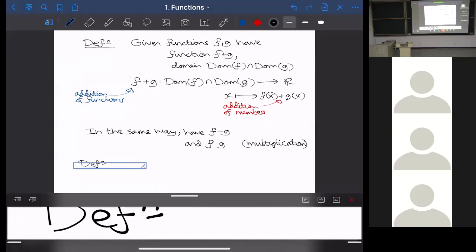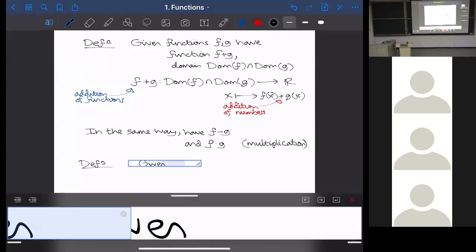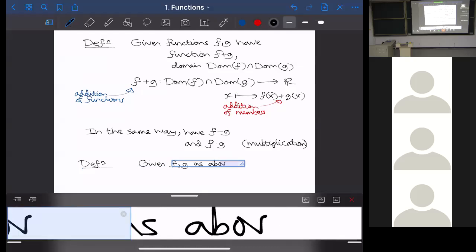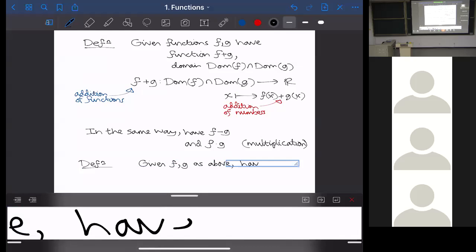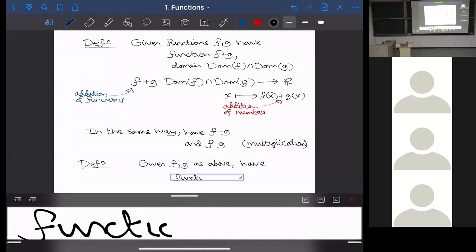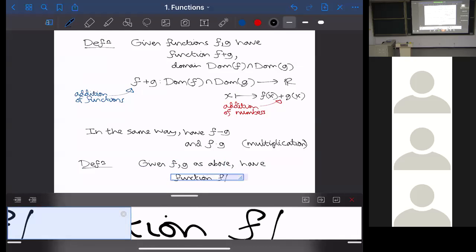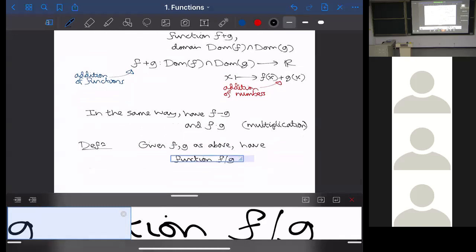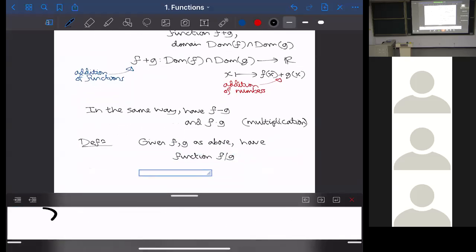You can also define quotient of functions. So given F and G as above, we have the function F over G, and F over G goes from a set A to R. I'm going to say what set A is in a moment.